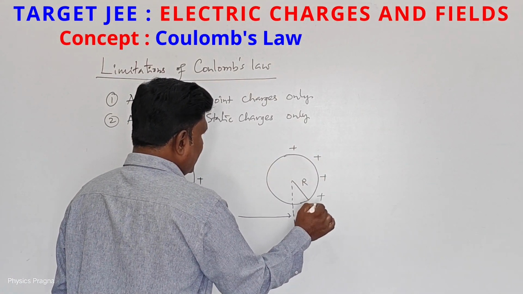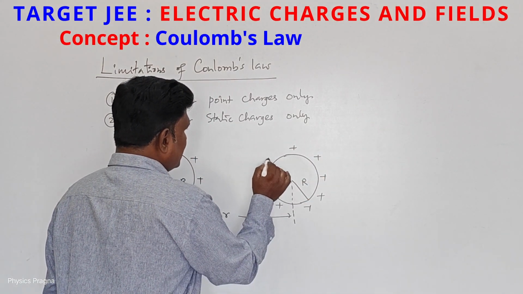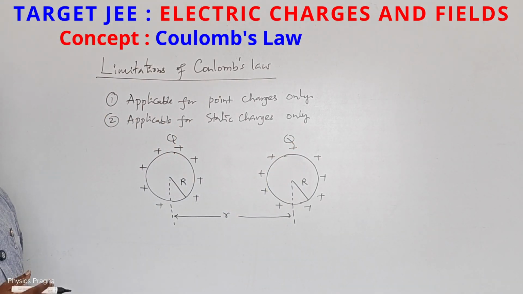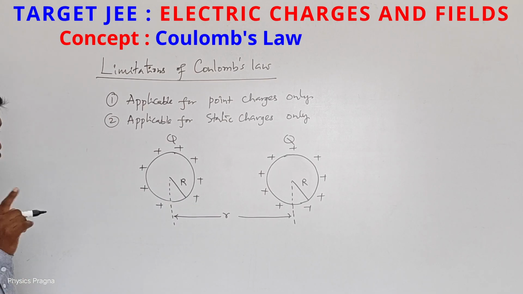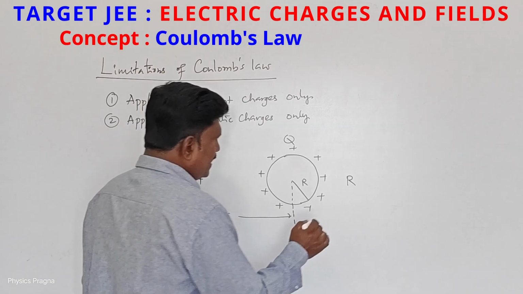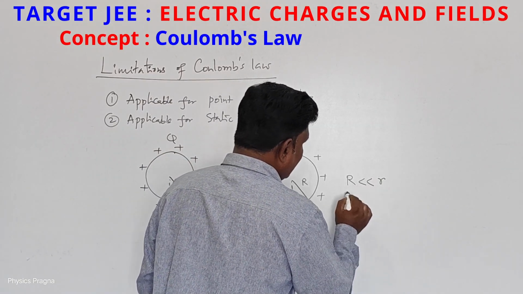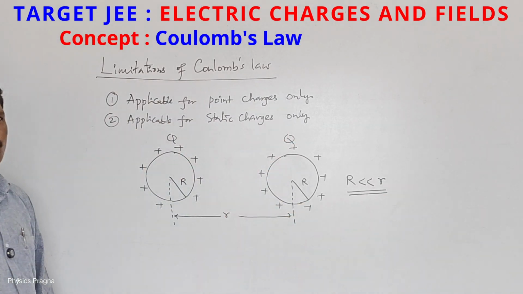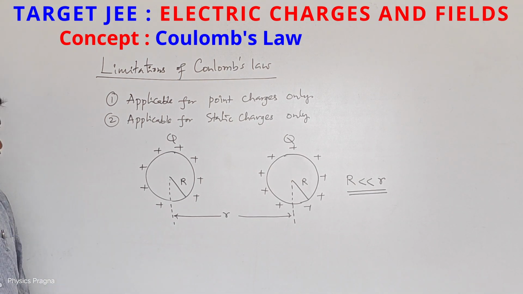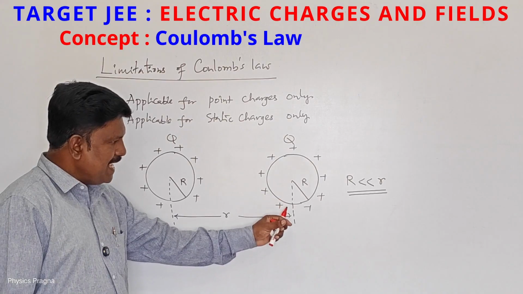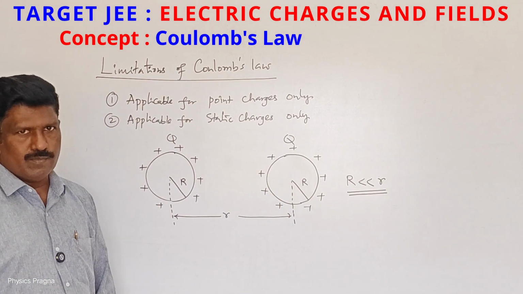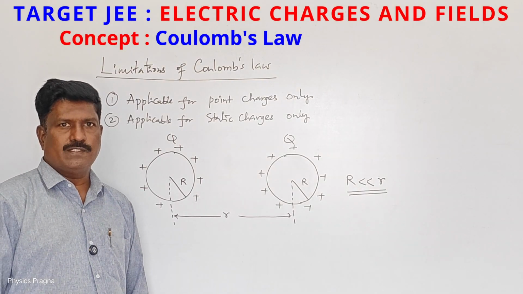This is also carrying the same charge. When can we apply Coulomb's law for this case? If and only if the radius of the sphere is much less than the distance between the spheres, then we can apply Coulomb's law. If the size of the charged object is less than the distance between the charged bodies, we can apply Coulomb's law. Here the concept of Coulomb's law ends.